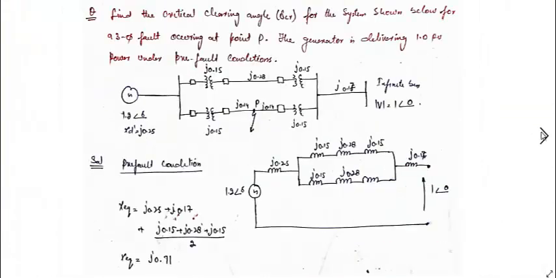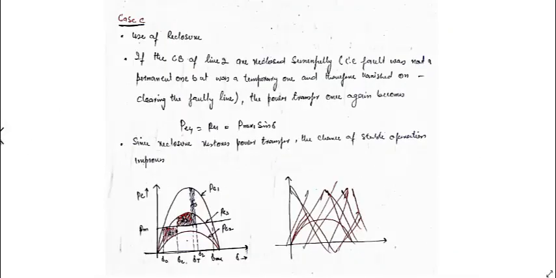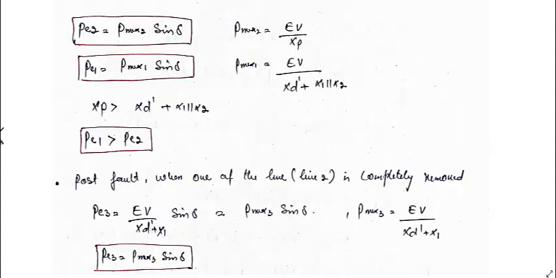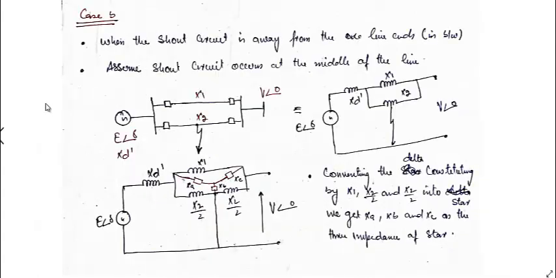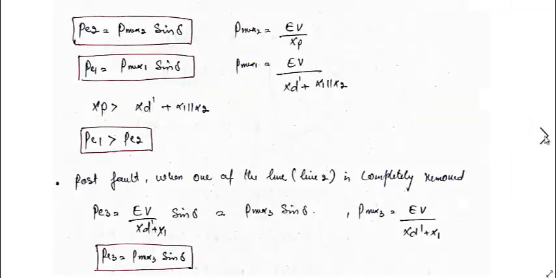So let's try to do one numerical. This is almost similar to the numerical we discussed in case B. Here we assume the fault to be at the middle of the line.